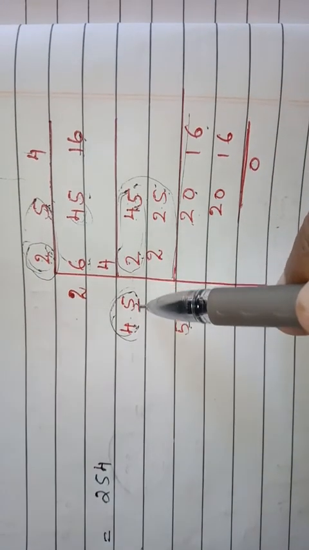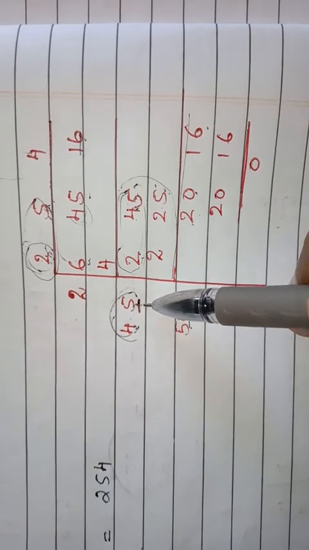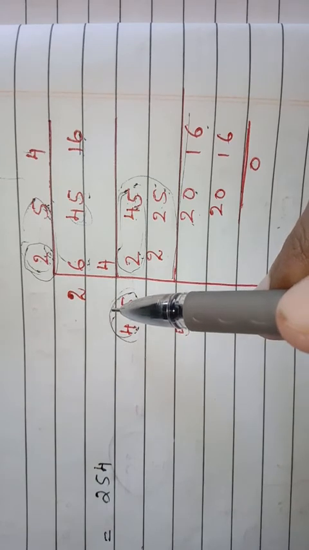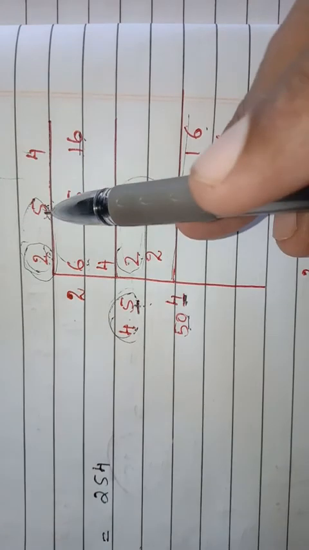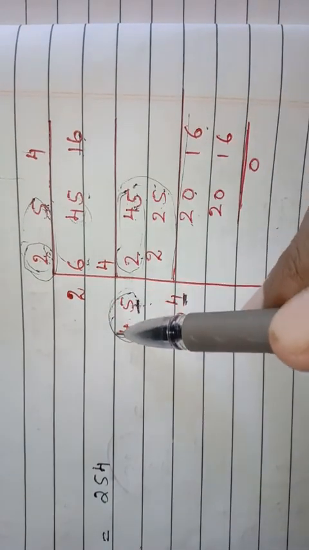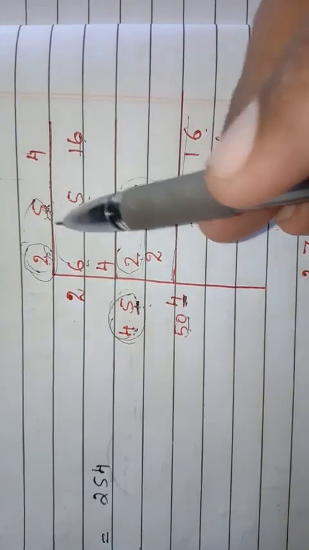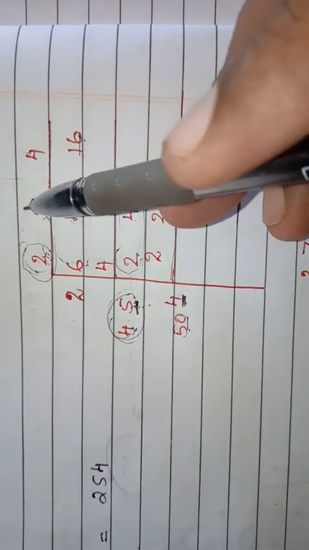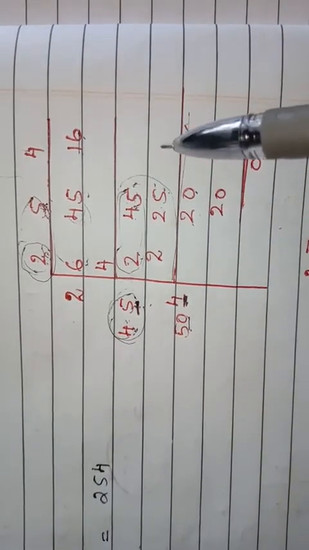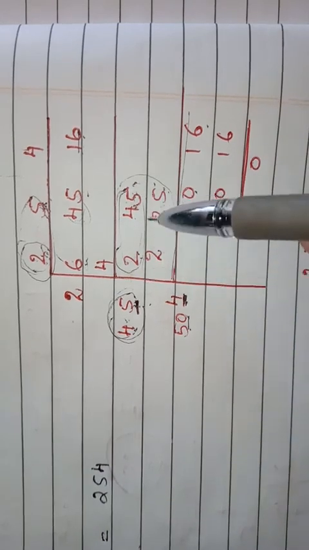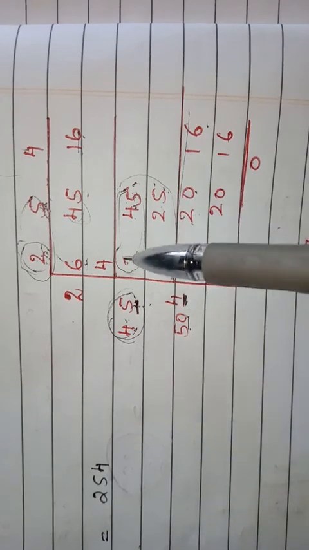Then to find the next digit, this digit 5 is chosen in such a way that the product of the new divisor and this digit, which is the same as this number, must be equal to or less than the new dividend. So here we have to find a number which is either equal to or just less than 245.